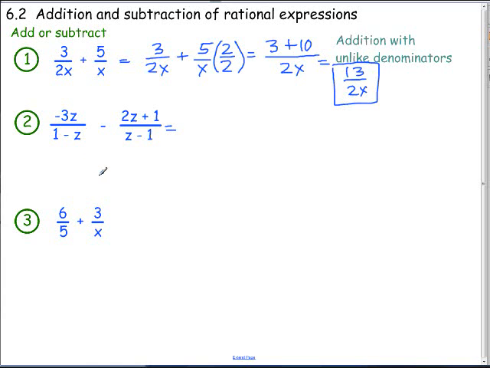Wow, these look so similar. This one has a positive 1 and a negative z. This one has a positive z and a negative 1. I think I would. Let's try it. I have an idea. Negative 3z over 1 minus z.